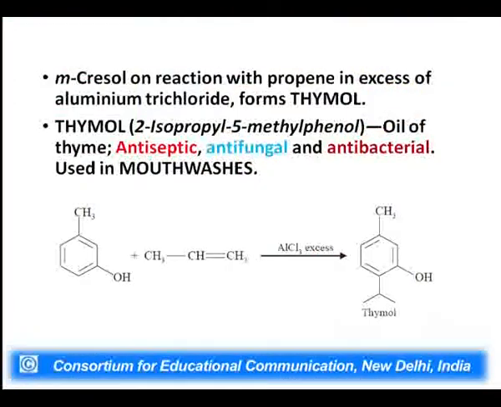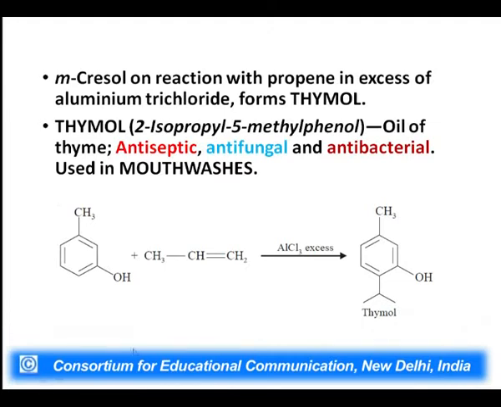Another interesting example is if we take metacresol and do the reaction with propene in the presence of aluminium trichloride. So we can use other alkylating agents also. Instead of alkyl halides and AlCl3, we can also use alkenes and alcohols as alkylating agents in the presence of sulfuric acid, in which case the problem of complex formation will be eliminated.